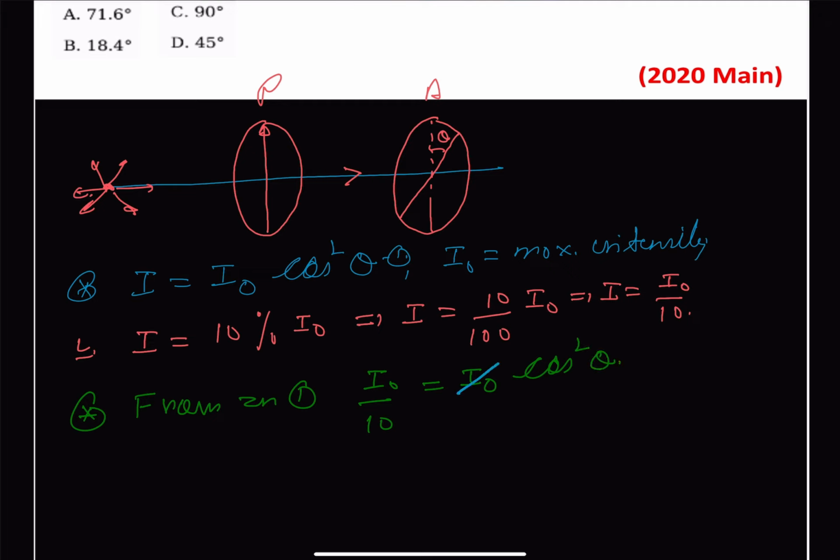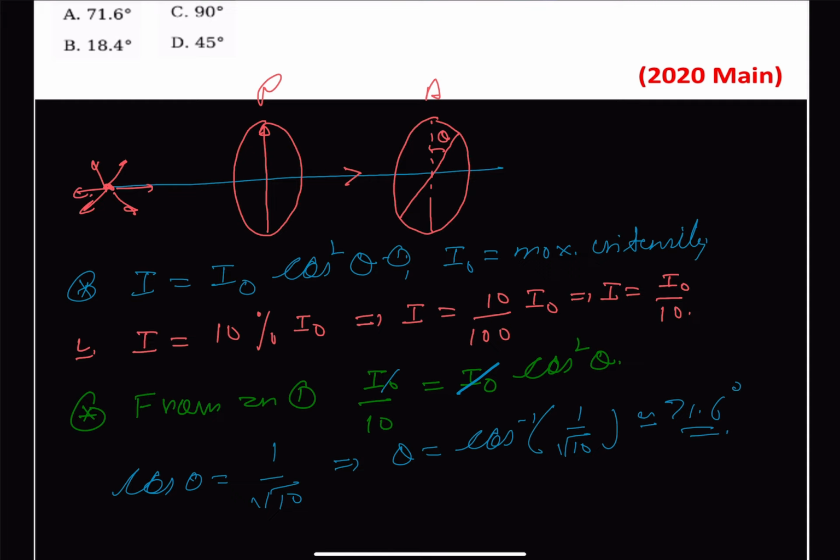I naught and I naught cancel out, and we get cos of theta is equal to 1 upon square root of 10. So we get our theta is equal to cos inverse of 1 upon square root of 10, which is approximately equal to 71.6 degrees.